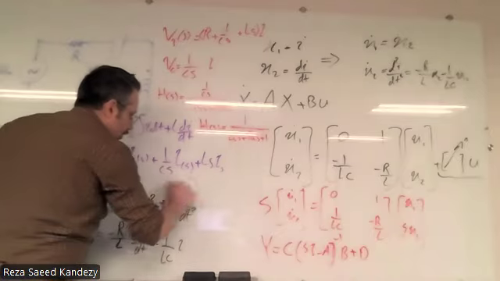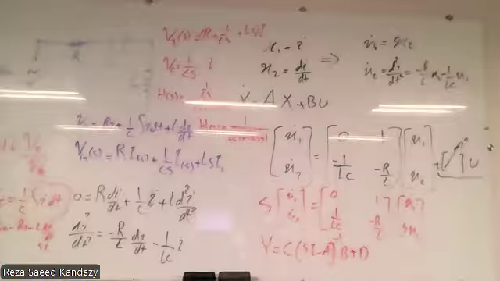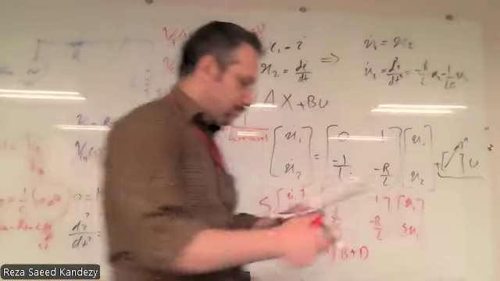Getting the Laplace transform from the differential equation is easier than the state space, but we already know how to go over the state space and find our transfer function out of the state space. Now, what if I wanted you to find the impulse response of this transfer function?